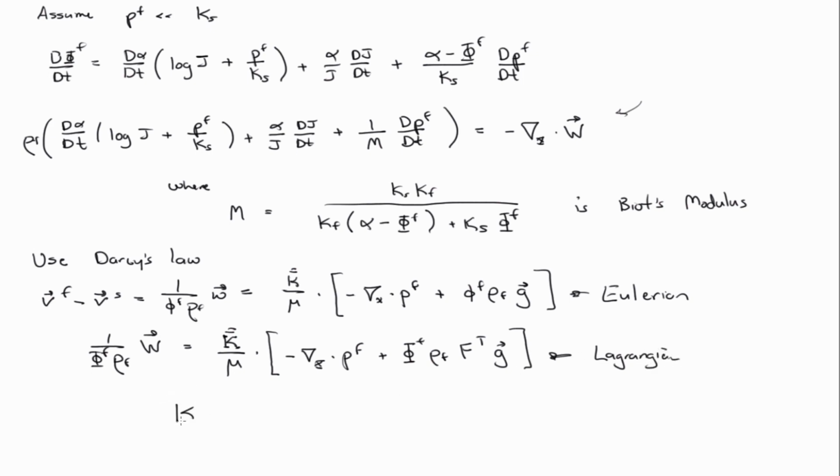And this K represents the full pullback to the reference frame of that little k tensor, where kappa is a permeability tensor.